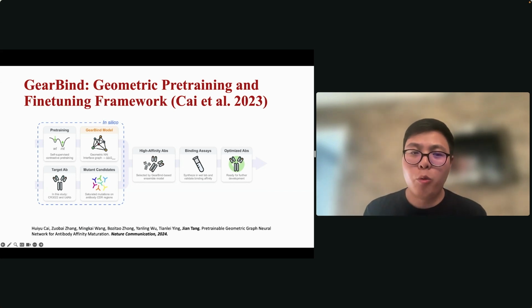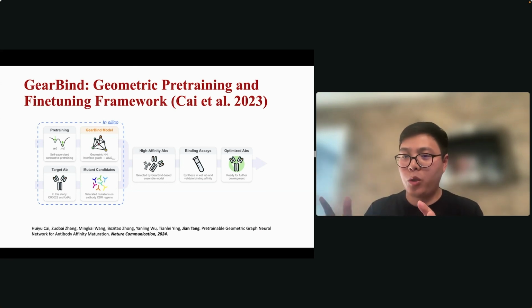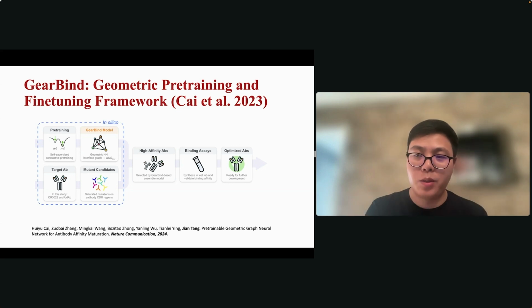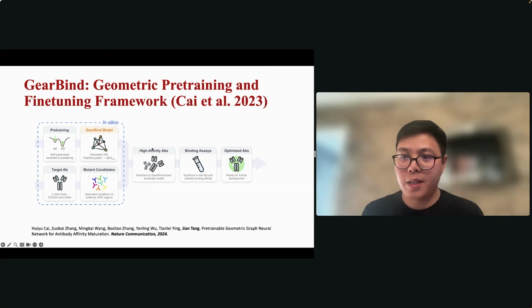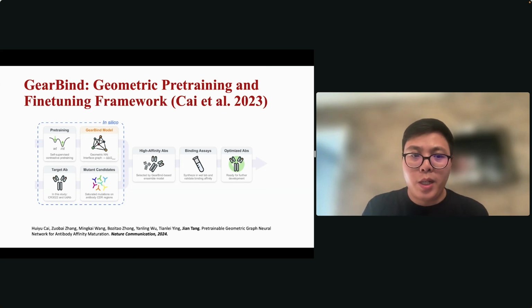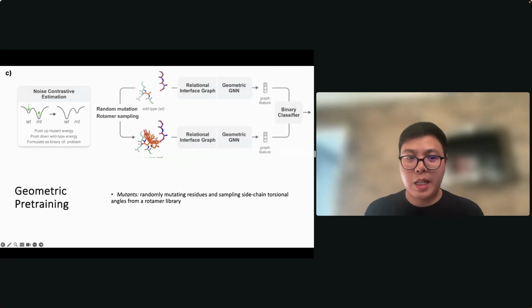Okay, and then we fine-tune the model based on some experimental data to build this binding affinity change prediction model, and then we can apply this model to real world scenarios. We can do in silico screening and then identify some mutants which could lead to a higher binding affinity. Okay, so this is the main idea. So we can start from the pre-training stage, as I just said.